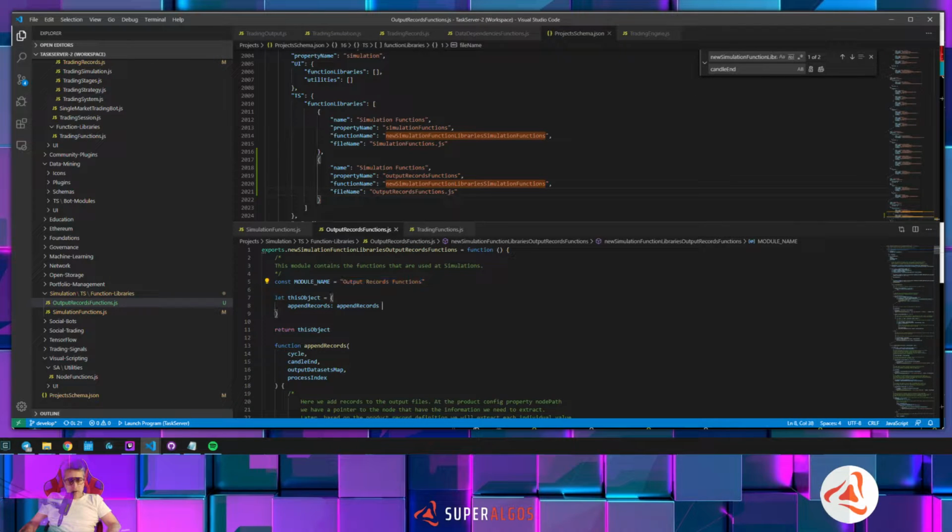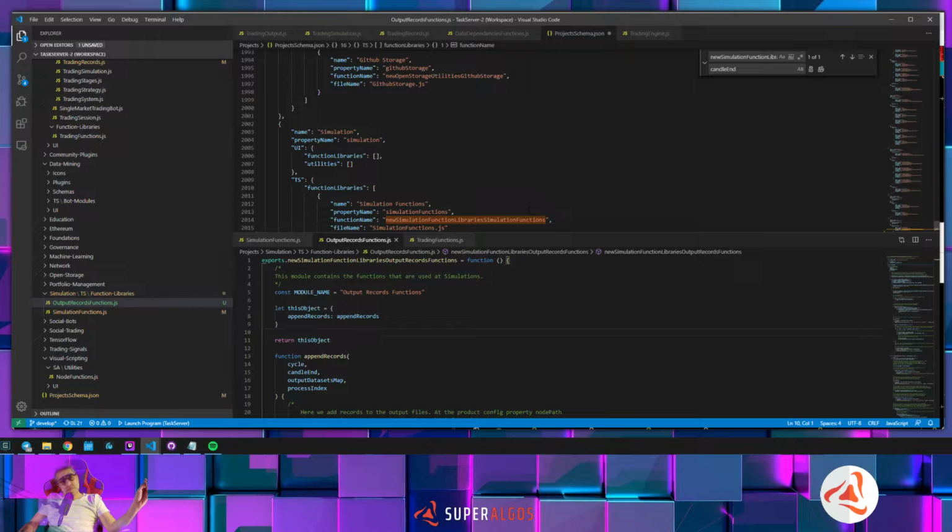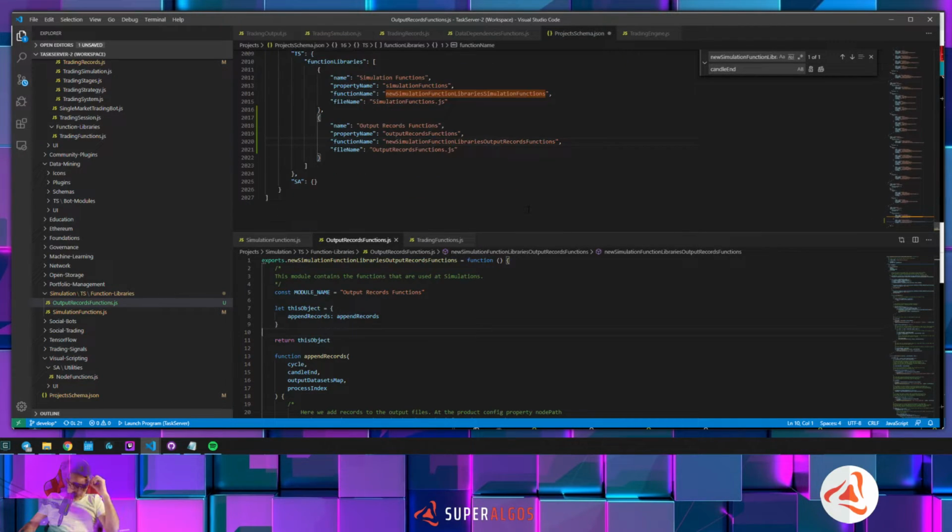This is the module name. And this is the function name. Okay? That's cool.